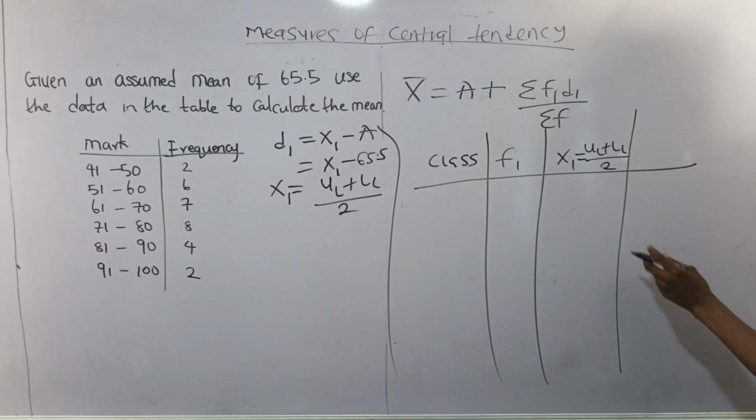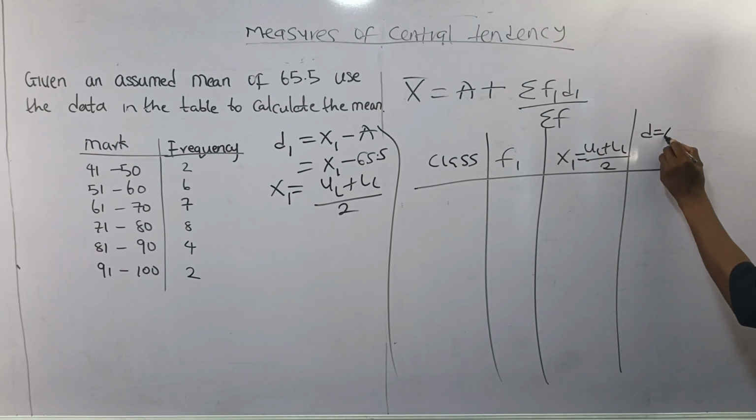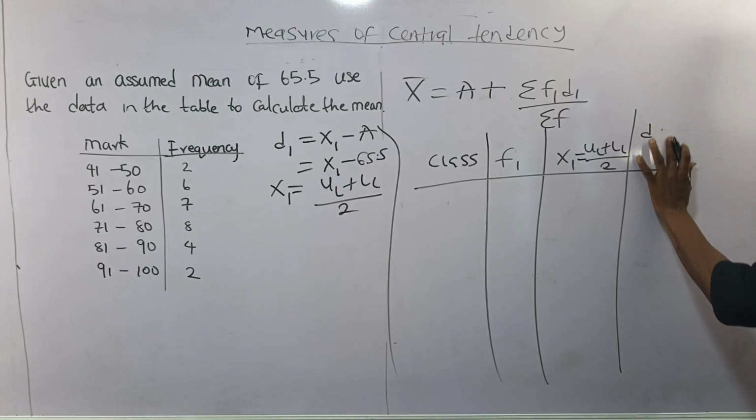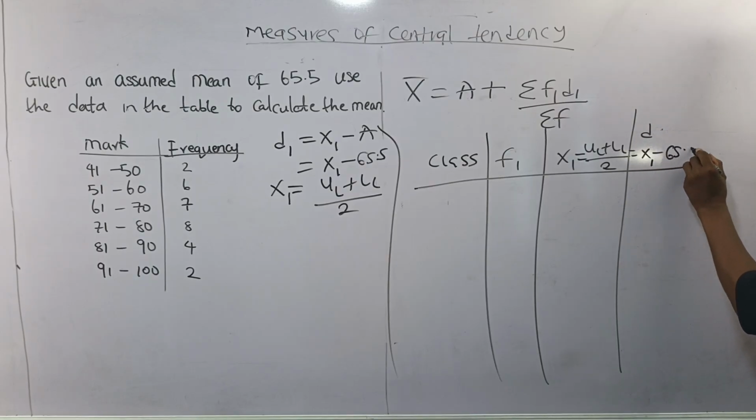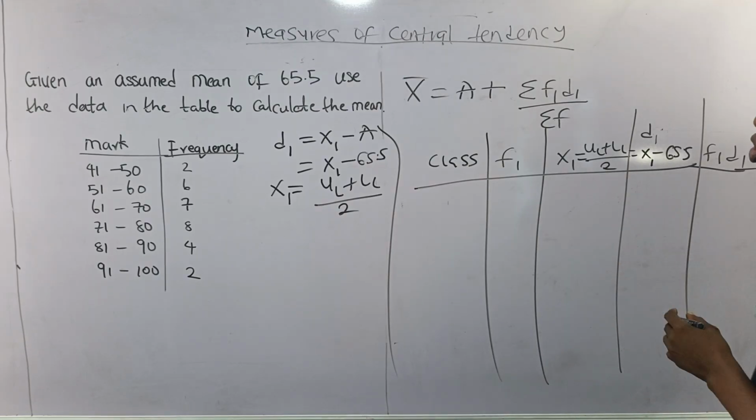After that, I need my D, which is what? D is equal to X1 minus what? 65.5. And after that, this is D subscript 1. So we'll have F1 D1 here. So these are the 5 columns needed.